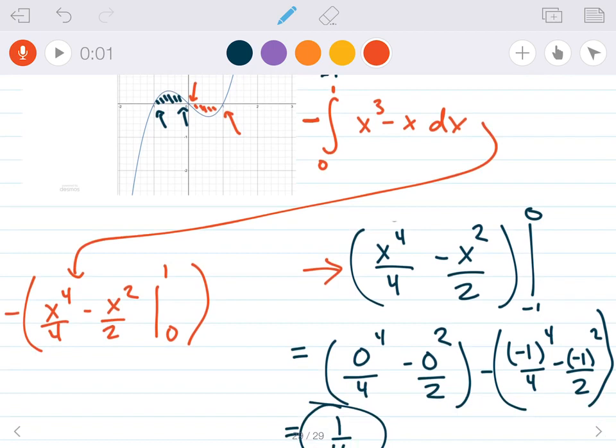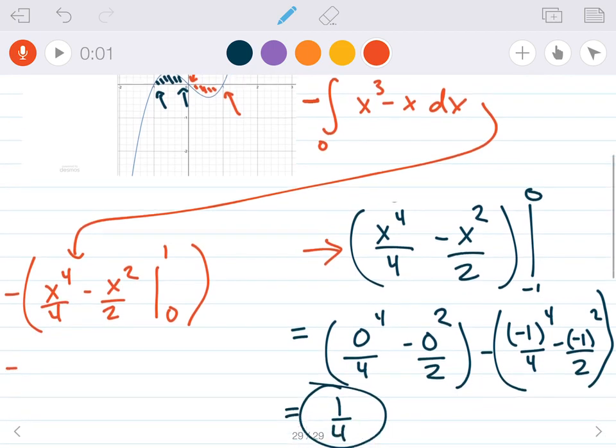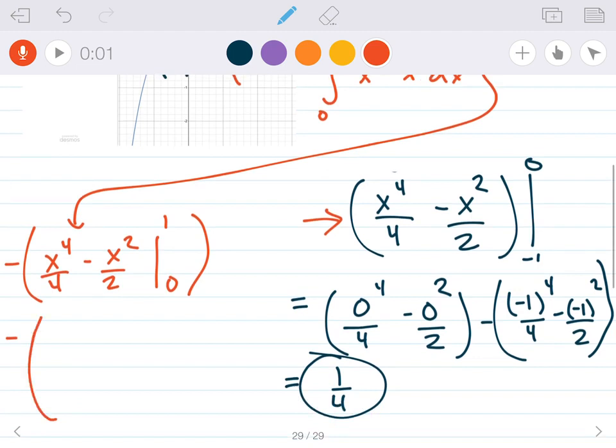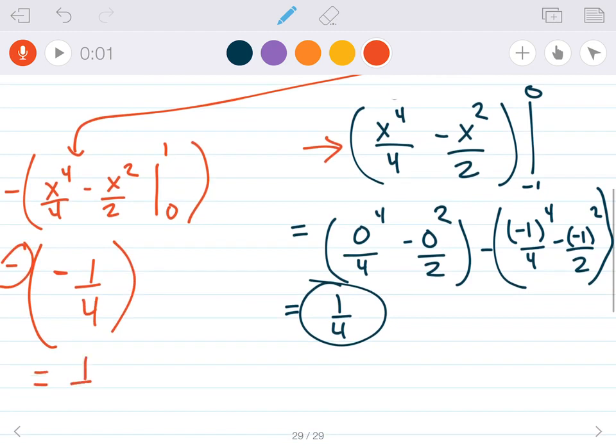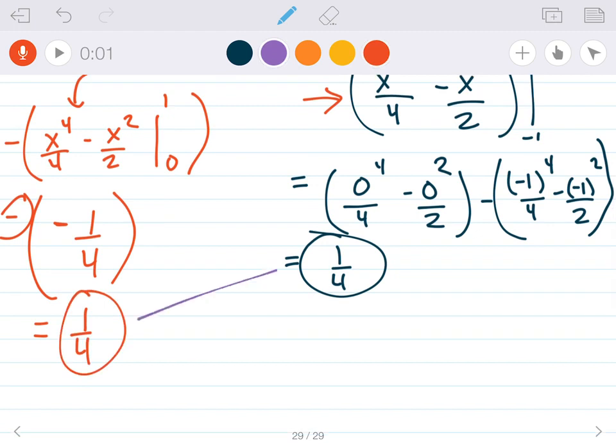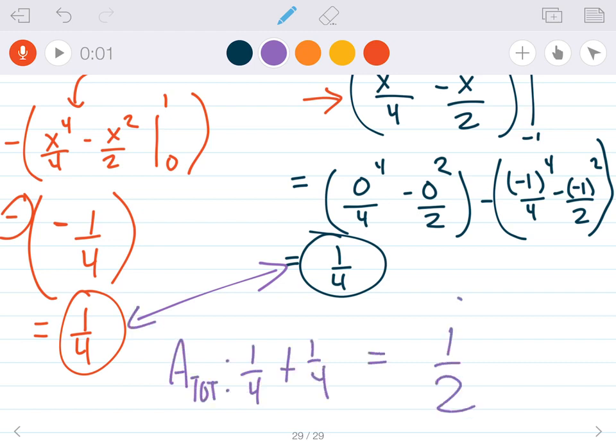So computing this, we end up getting 1/4 minus a half at the end of the day, and so we end up getting negative 1/4, but of course we're going to make this positive, so the area here is also 1/4. Therefore, the total area of these is just 1/4 plus 1/4, which is a half. And that is my answer for this one.